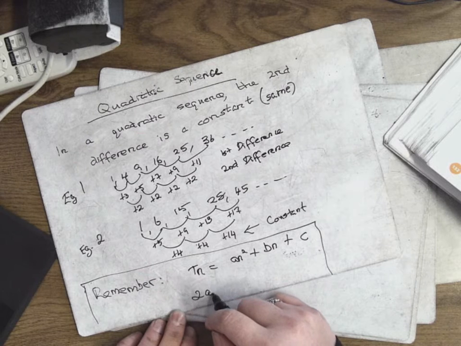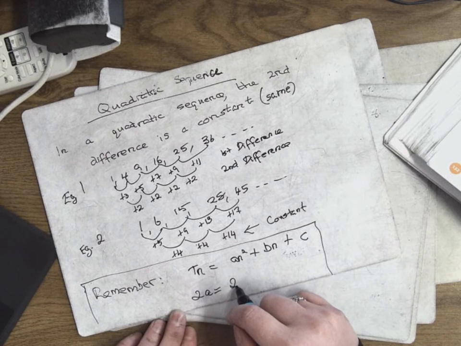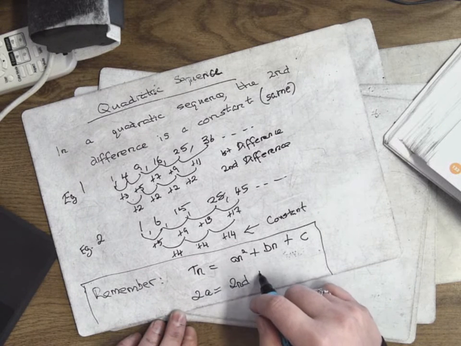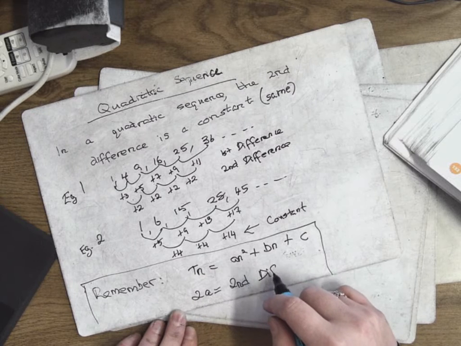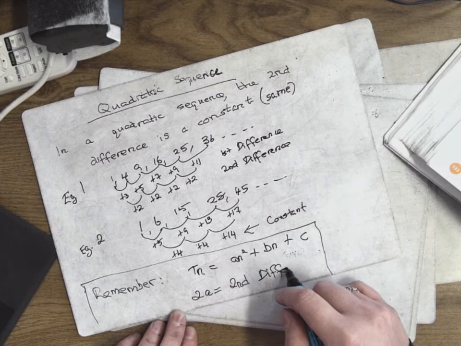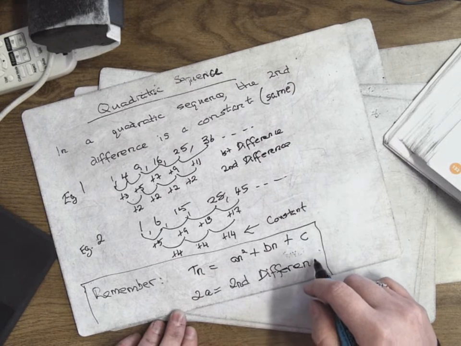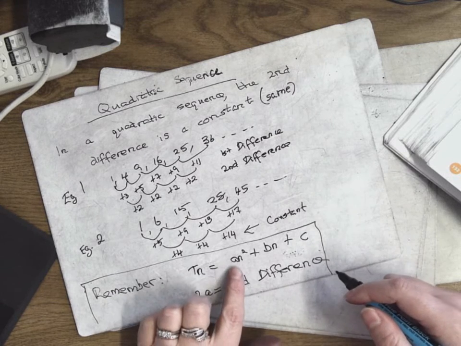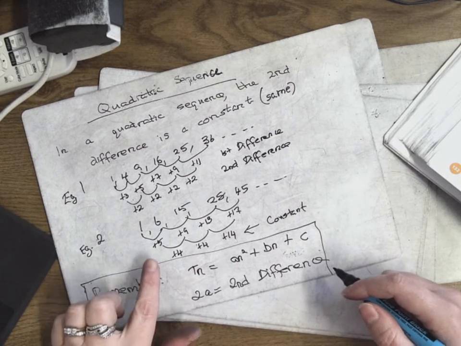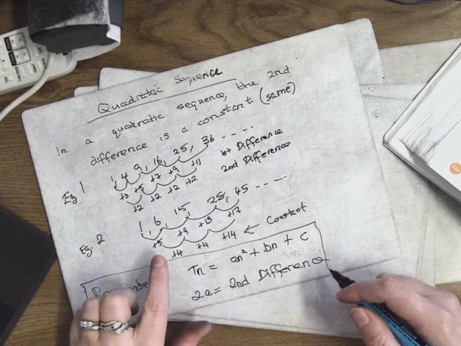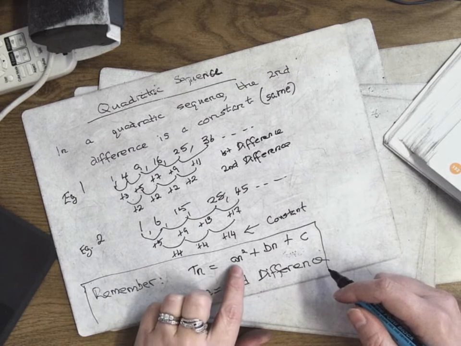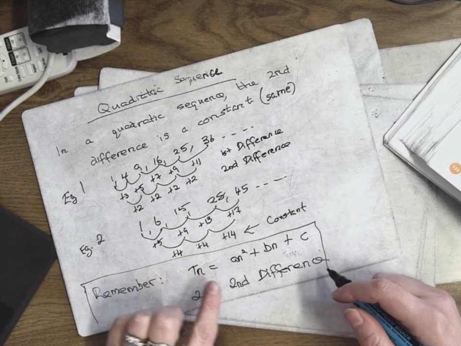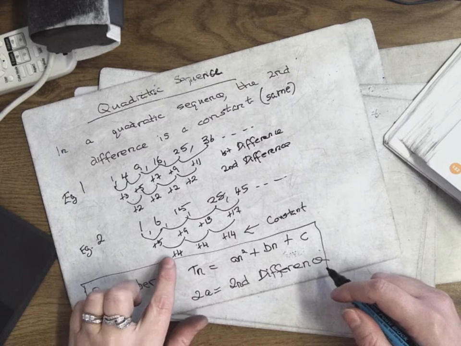2a is the second difference. So 2 times that number there is the second difference. So up here, 2 times that number is 4, so that means that number would be 2. Because you double that number and you get the second difference.